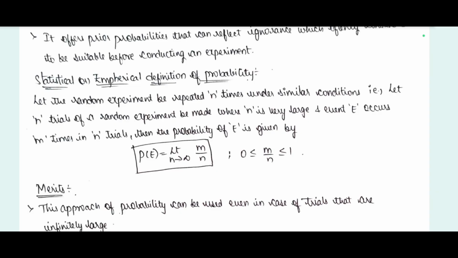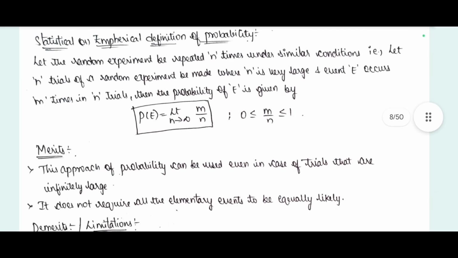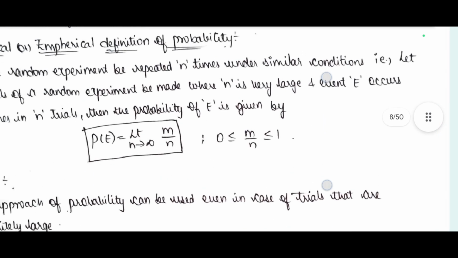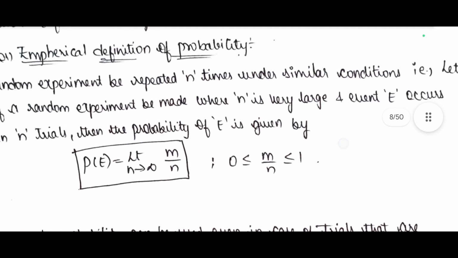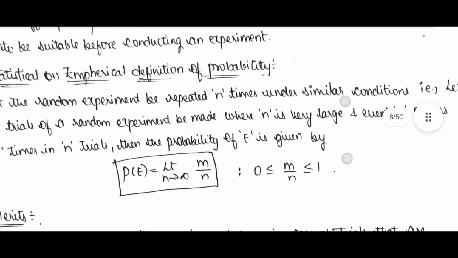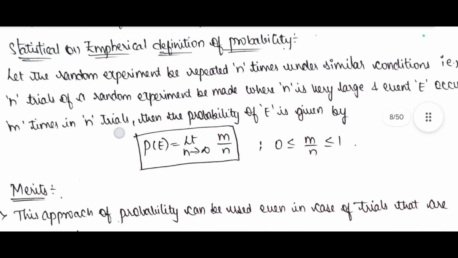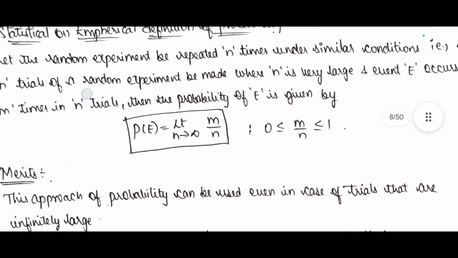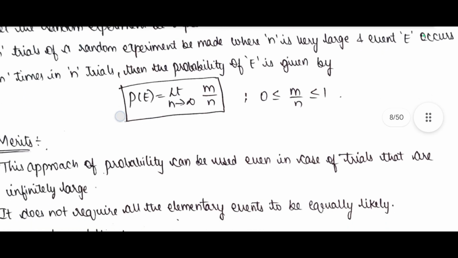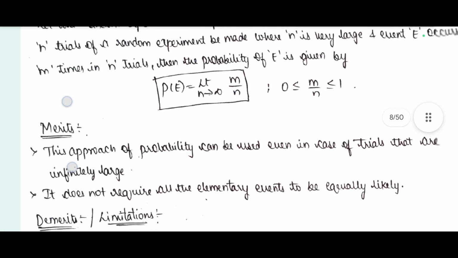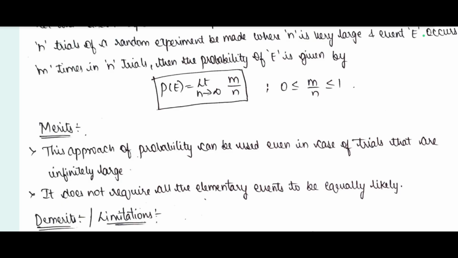So here we can see a different definition of probability, the statistical or empirical definition. The limit as n tends to infinity of m divided by n is very important. The experiment is repeated an unknown number of times, that is, infinity times.